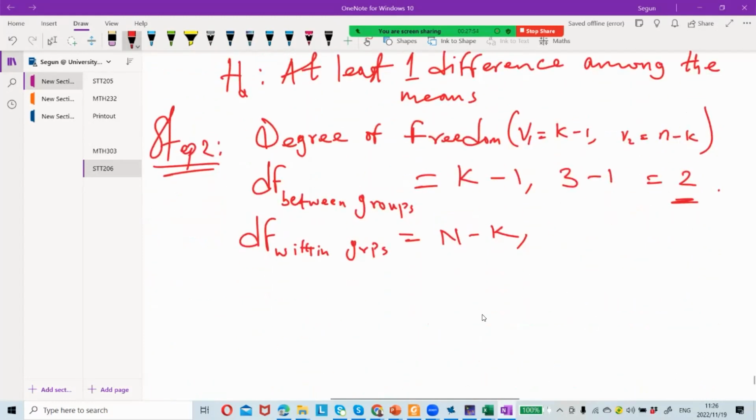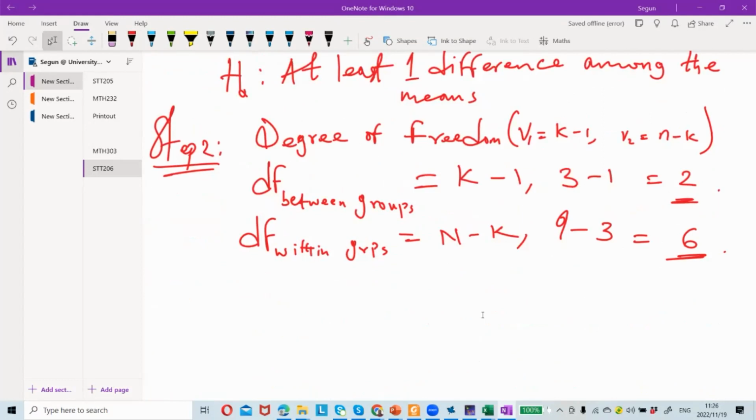So we have 9 minus 3 equals 6. That is, degree of freedom between the groups is 2, and degree of freedom within the group is 6. Please take note of that. Then what is the total? Degree of freedom total is 6 plus 2, which is equal to 8.